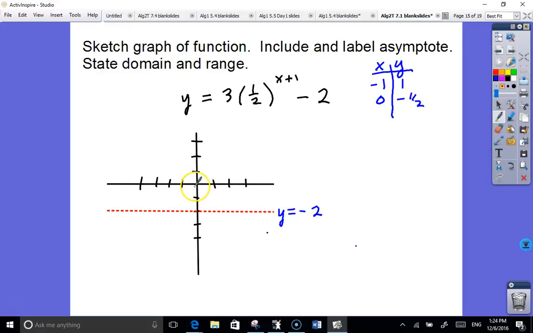So let's graph those two. -1, 1, and 0, -1/2. So looking at those 2 points and understanding that the graph has this kind of a shape, I can sketch that in. It should look like it's approaching the asymptote to the right.